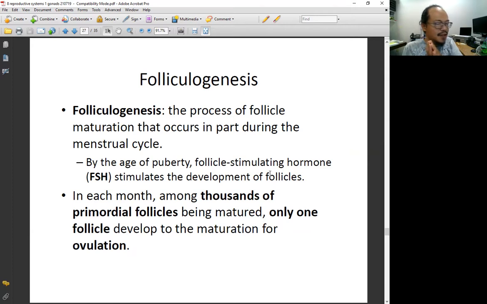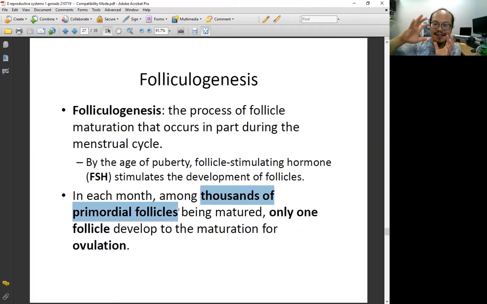One thing I want to give you is the concept that each time FSH acts, there will be thousands of primordial follicles developing at the same time each month. Once the FSH acts on it, it's not just acting on the selected one.